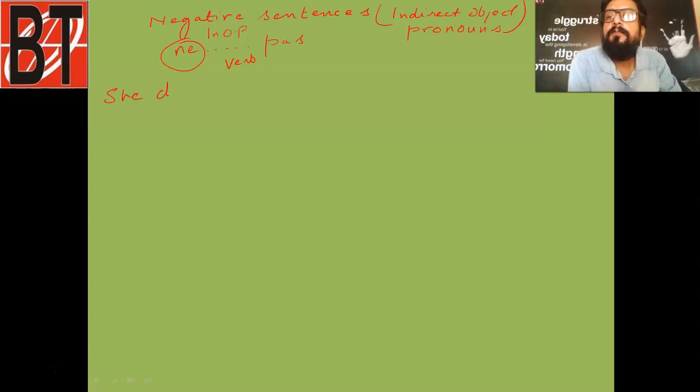She doesn't phone him. She doesn't do what? To phone. To whom? To him. Right. Now how to write this sentence?